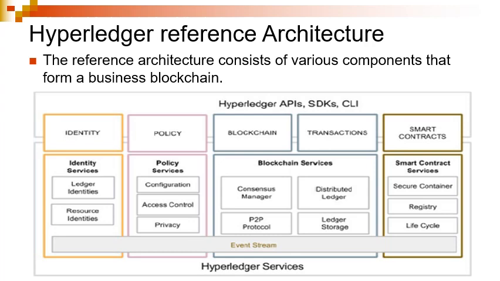And the last component of this reference architecture is smart contracts. Smart contract services contain secure container, registry, and life cycle. So these are the 5 components of this reference architecture: identity, policy, blockchain, transactions, and smart contracts. We will see these components in detail one by one.